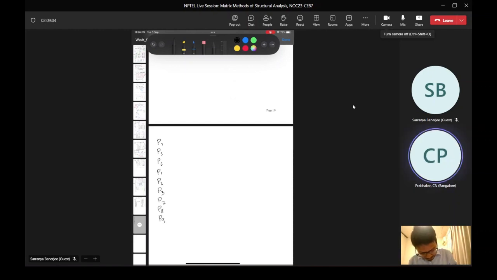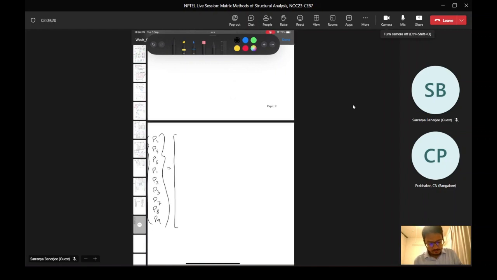But for P4, we are not changing the number, right? Load vector, it remains same as it is. Only when you are interchanging the column, we need to do that, right? This is the load vector, right? So we are changing the load vector, that is why we are doing this operation.